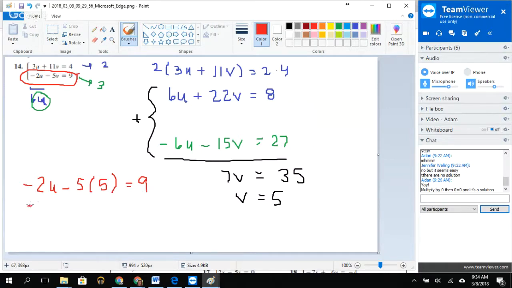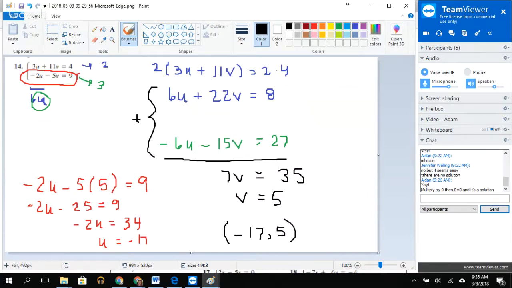So this is negative 2u minus 25 equals 9. Add 25 to both sides, so I get negative 2u equals 34, or u equals negative 17. So my solution is negative 17, 5.